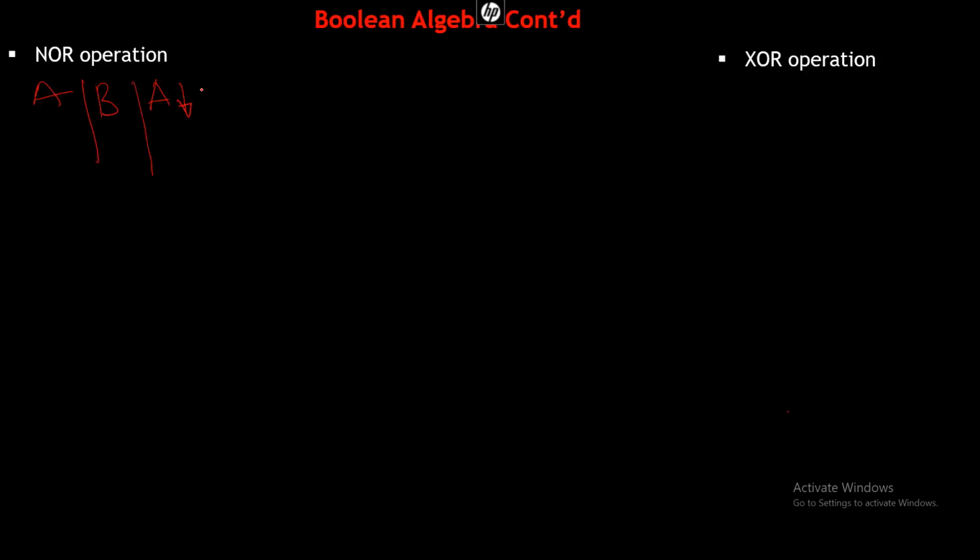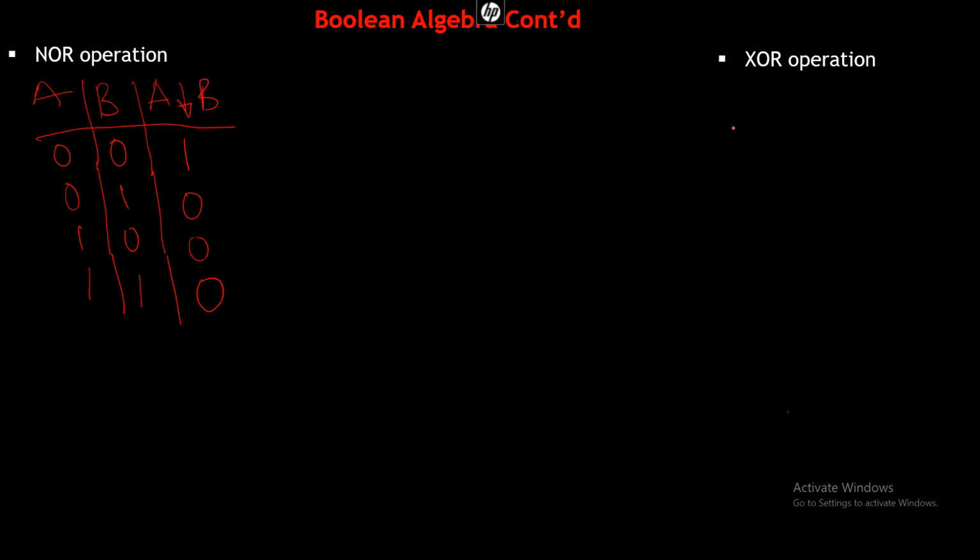This is the notation for your NOR operation. You have your 0, 0, 1, 1. That's the combination possible. Now, when both are false, you have 1. When one is true, it's false. And when both are true, you have false.